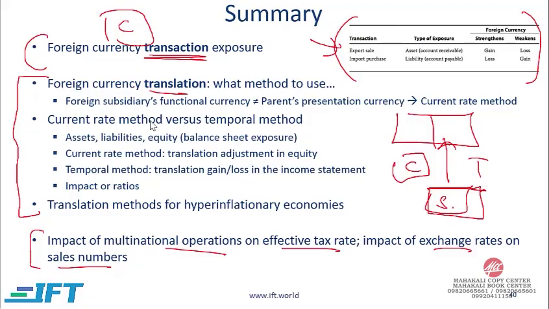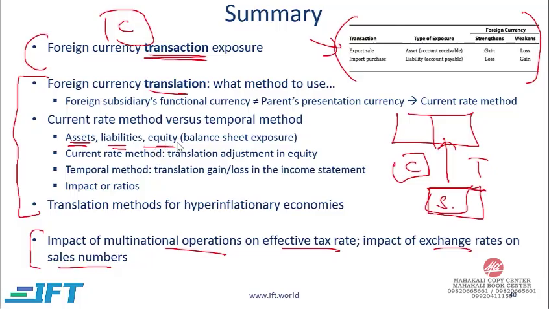You need to understand the impact on the financial statement elements of using these two methods. With the current rate method, all assets and liabilities are brought over at the current rate, being the balance sheet date when the translation is happening. The revenue and expense numbers are brought over at the average rates for the year. Equity is brought over at historical rates.